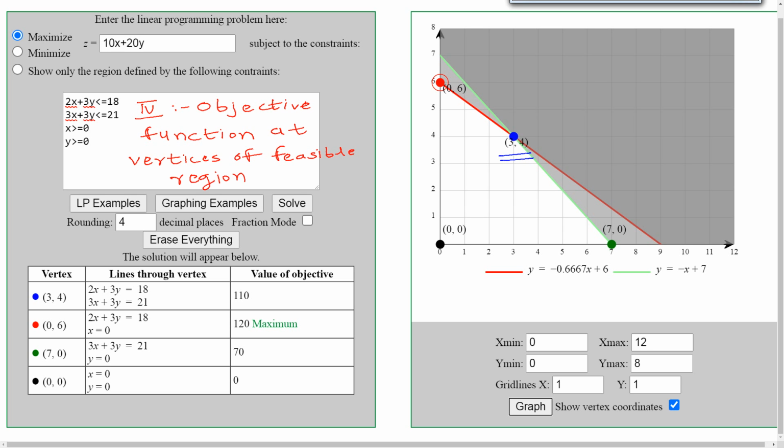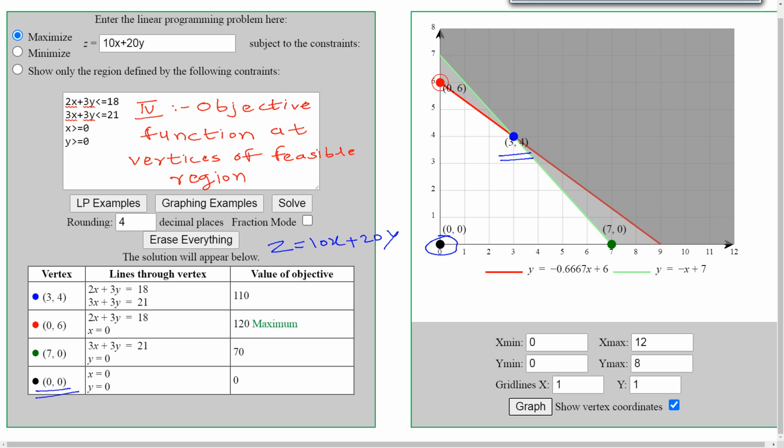So what is the objective function here? The objective function is z is equal to 10x plus 20y, and we have four vertices. The first vertex is say (0, 0), and we will determine its value at point (0, 0).